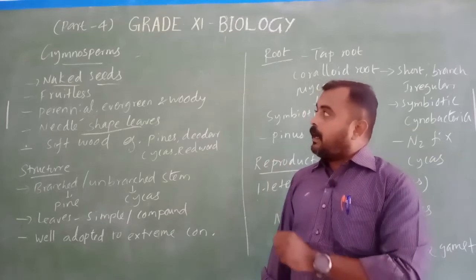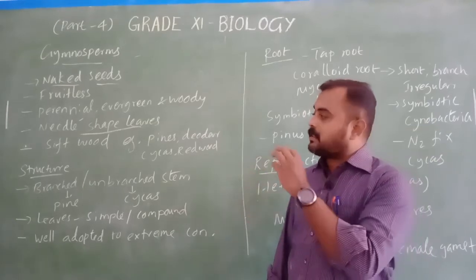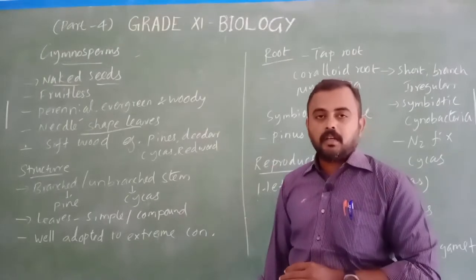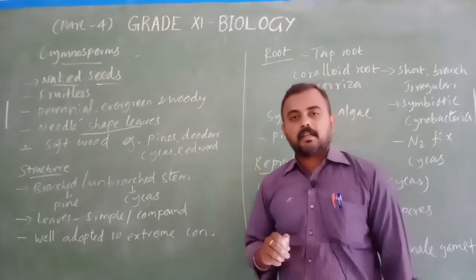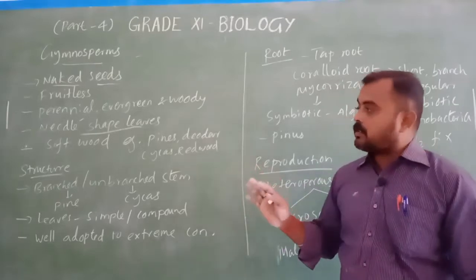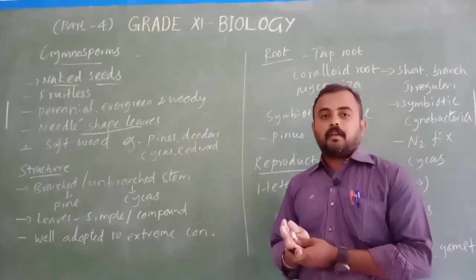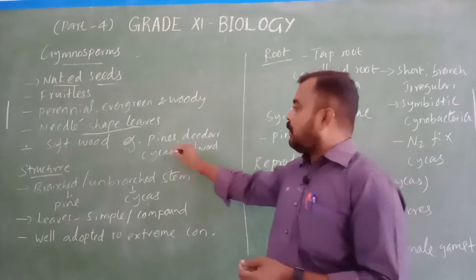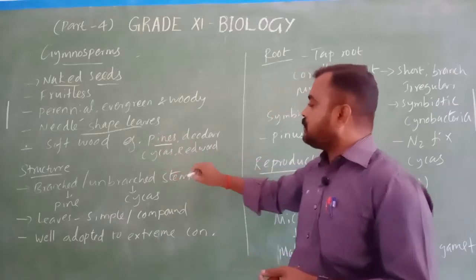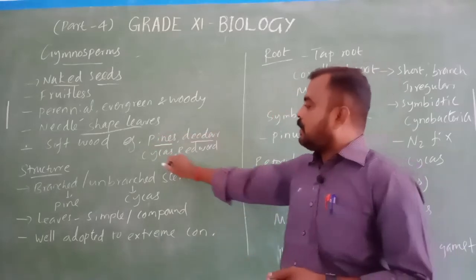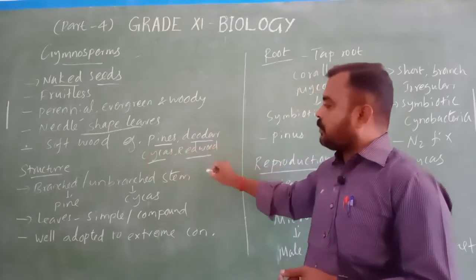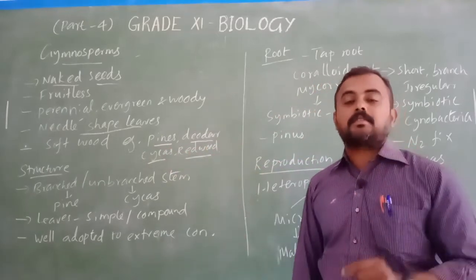Otherwise, gymnosperm trees are known as softwood trees. Examples: pine, deodar, cypress, redwood. Redwood is the tallest tree.